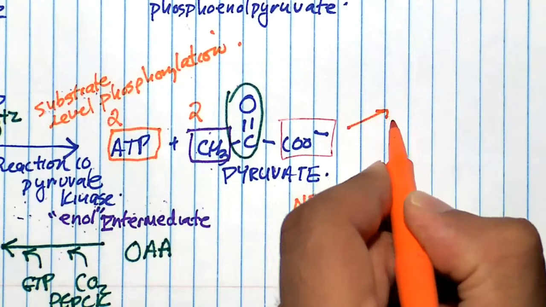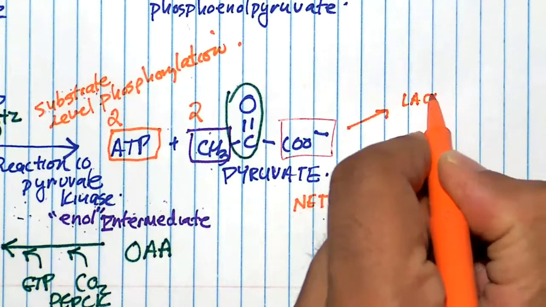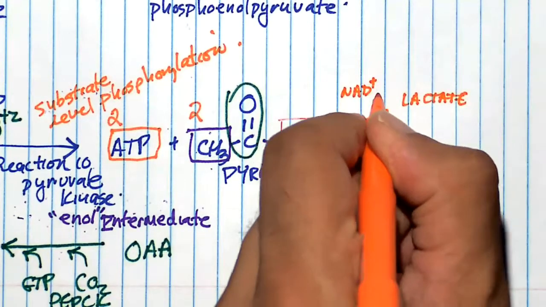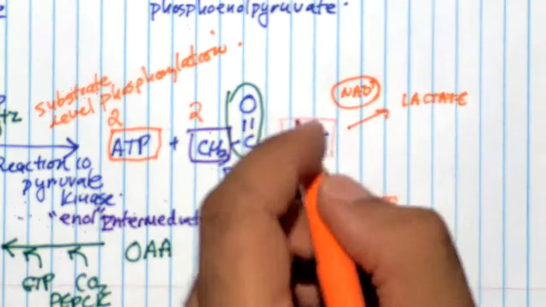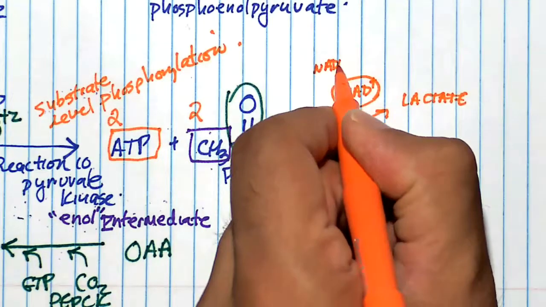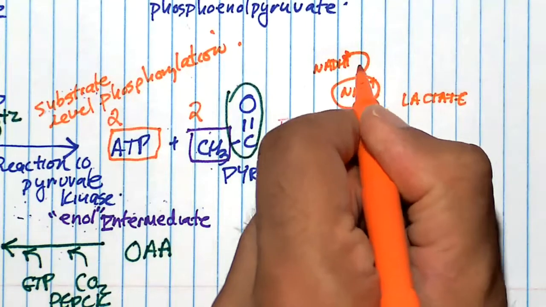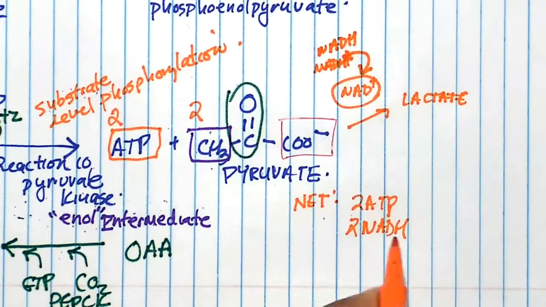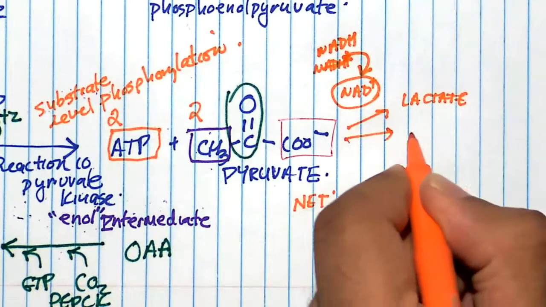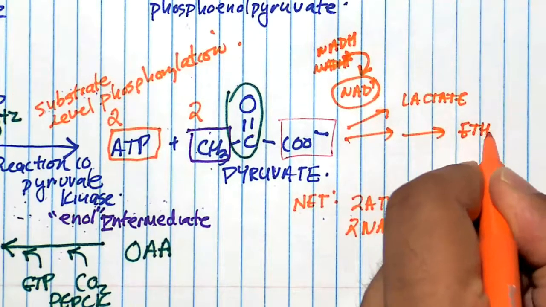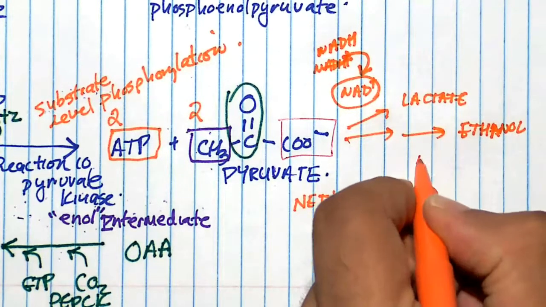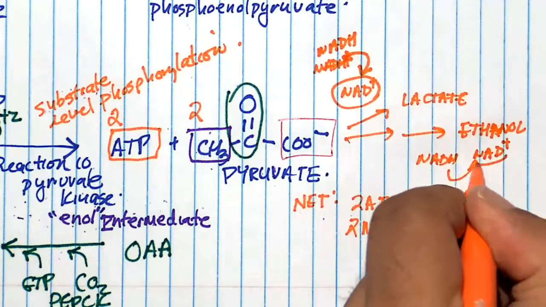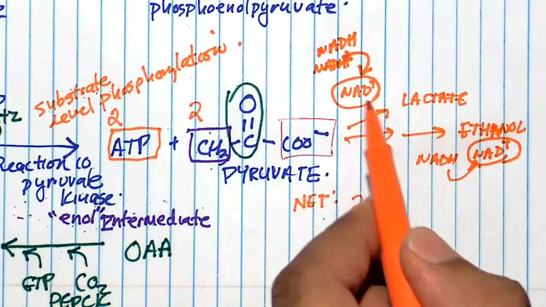Very briefly, it can convert that pyruvate to lactate, and the NAD+ you have generated can be recycled back into glycolysis. You can also take that pyruvate and convert it to ethanol. Here that NADH goes to NAD+, and this can get recycled back into glycolysis.